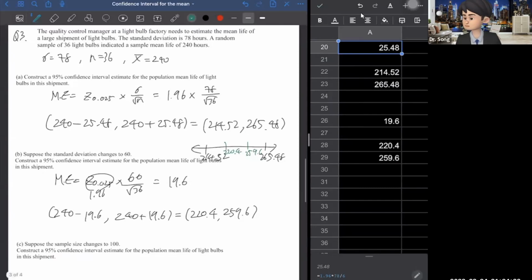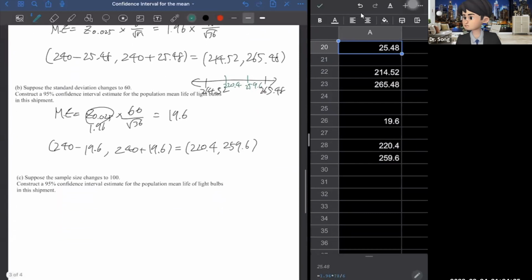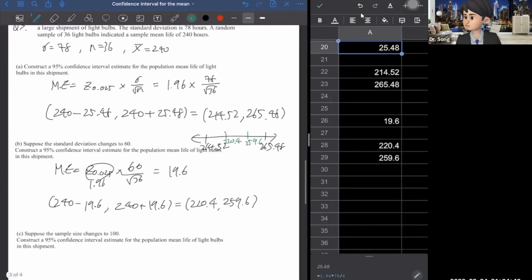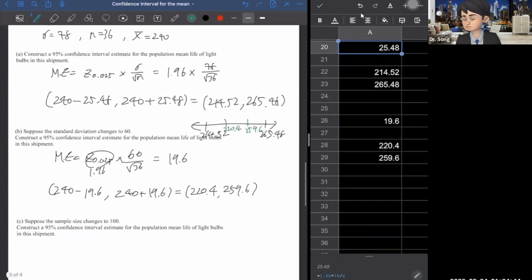Okay. Now, question C. Suppose the sample size changed to 100, but now the standard deviation sigma is the same as in question A, 78. Then we just need to change here. The margin of error is 1.96 times 78 over square root 100.